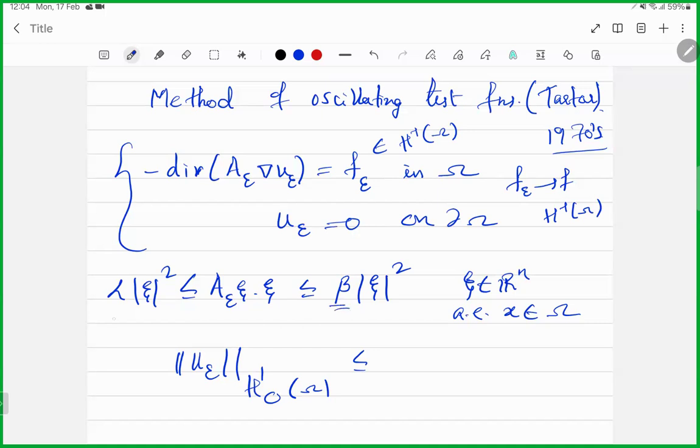It is uniformly bounded and uniformly elliptic, independent of epsilon. Because of that you have this estimate.